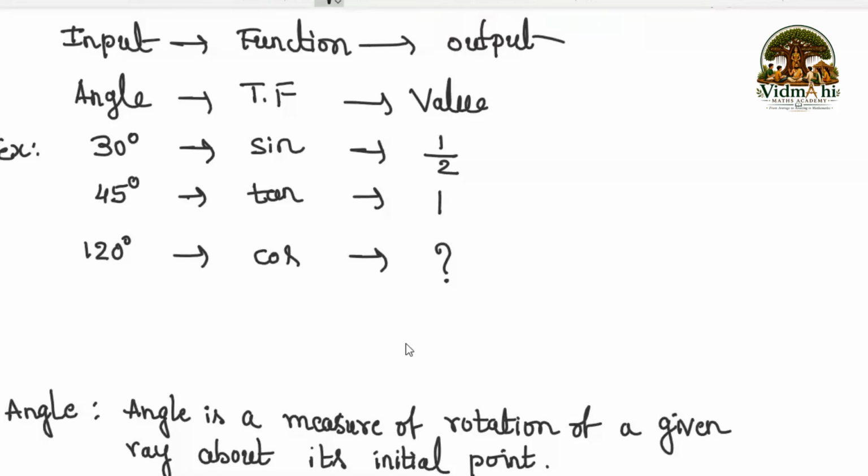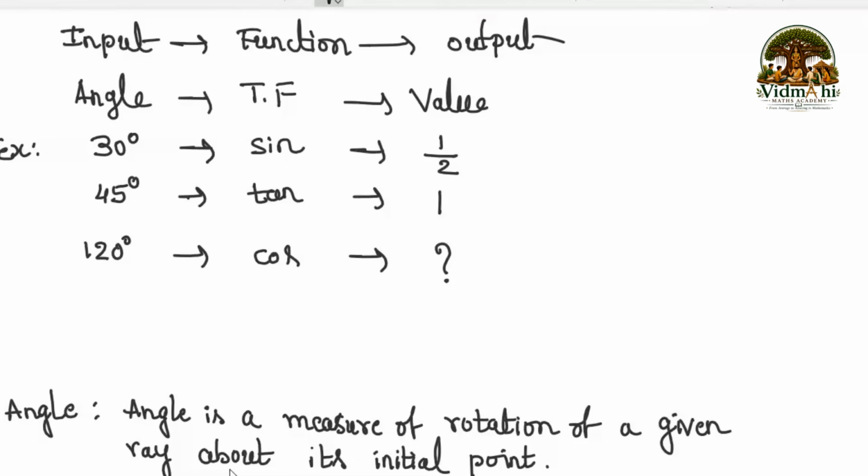So in this chapter we are using the unit circle concept. Its complete explanation is available in our quadrantal angles video, so we won't repeat it in this lecture. If you need a better understanding, please watch that video first.